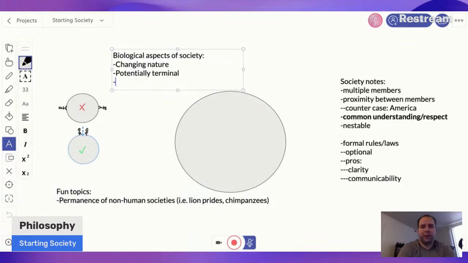It's not too optimistic putting it like that, but I think that's the right way of putting it. And then I guess you also have societies interacting in those. Interaction between societies.